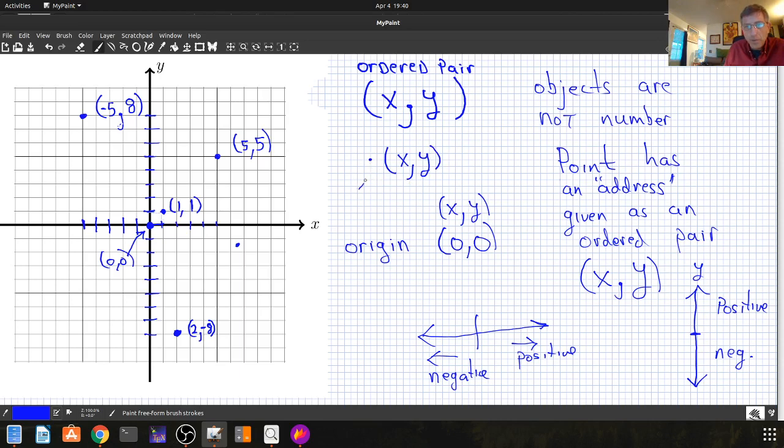So this is a point. That's its graphical representation. That's what it looks like. But this, on the other hand, is its mathematical or symbolic representation. So what did we just do? We just connected mathematics with visuals.